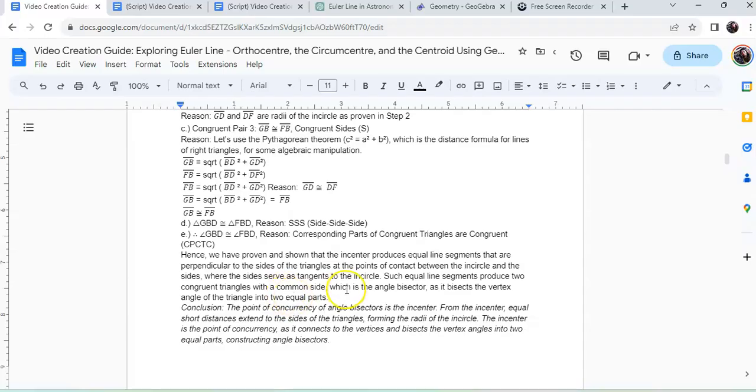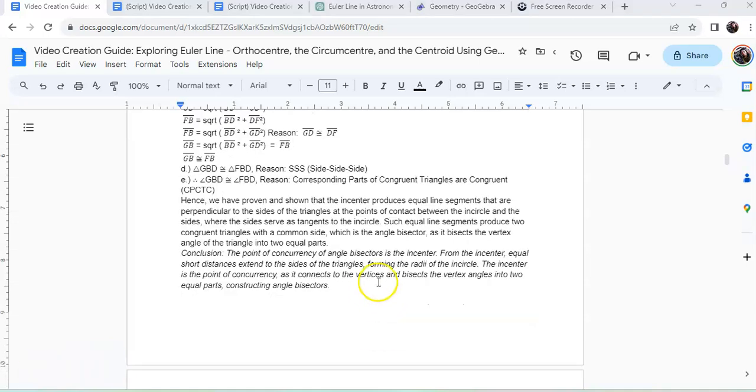So because of the incenter, we are able to prove that with the angle bisector, we have two vertex angles that are equal to each other.